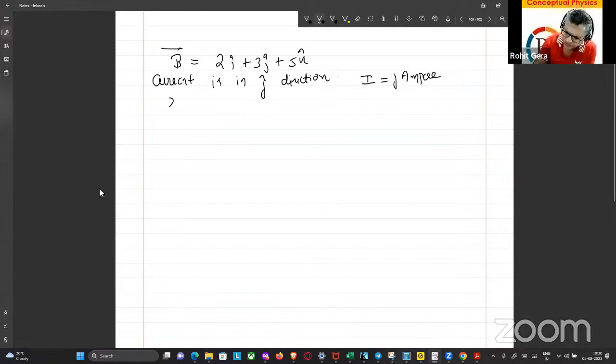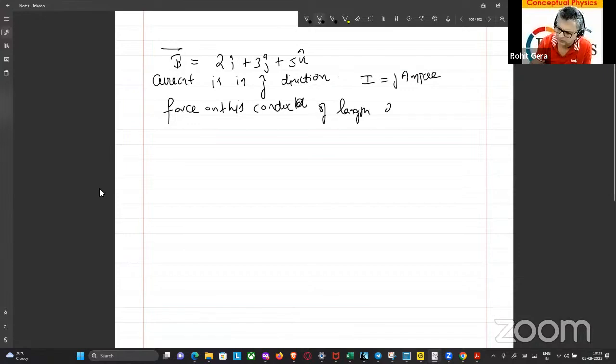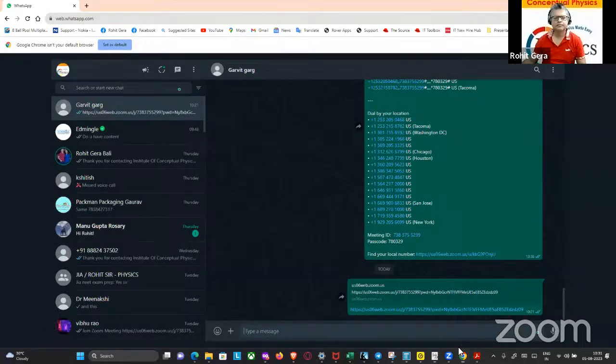You have to find the force on this conductor. So what is the formula or the concept?